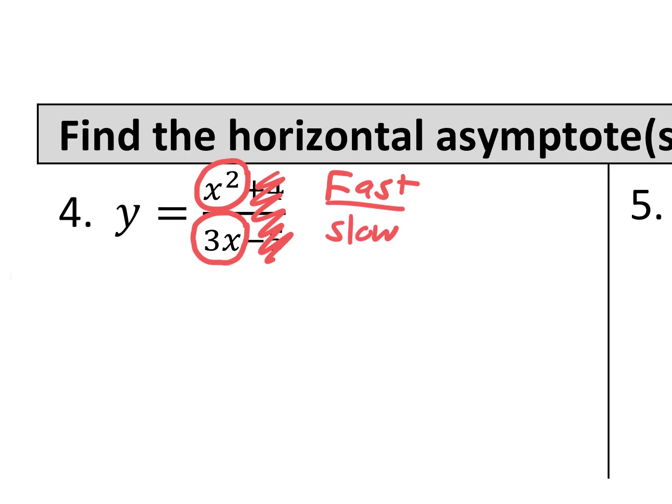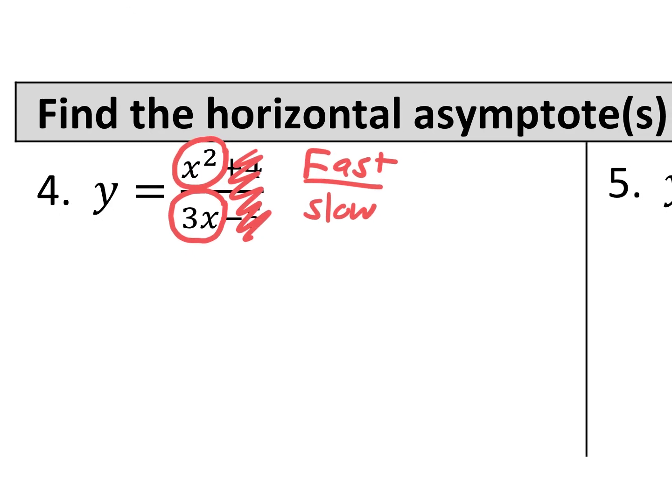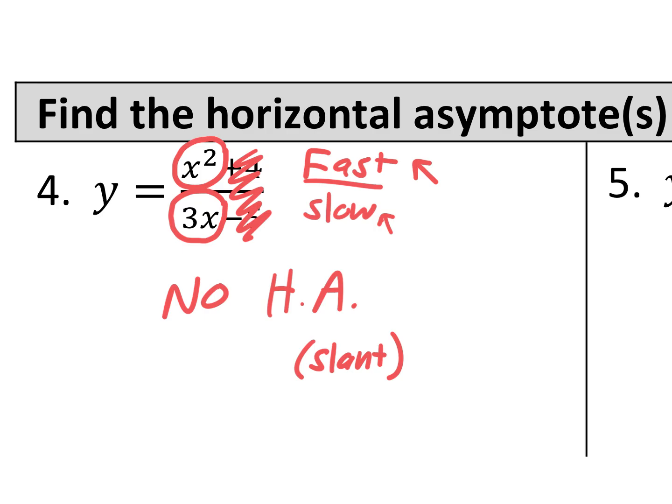As x gets super, super big, what happens to y? y is also going to get pretty big, because you have something on top growing super fast versus something on the bottom growing super slow. This one has no horizontal asymptote. This one actually has a slant asymptote, if you remember that, but we're not really going to deal with those too much.